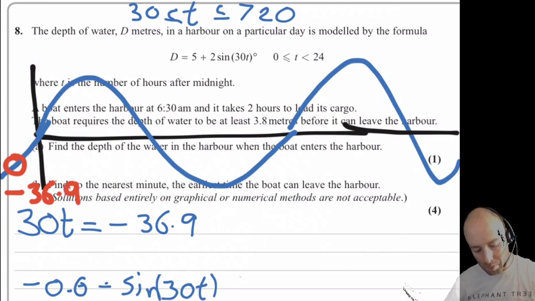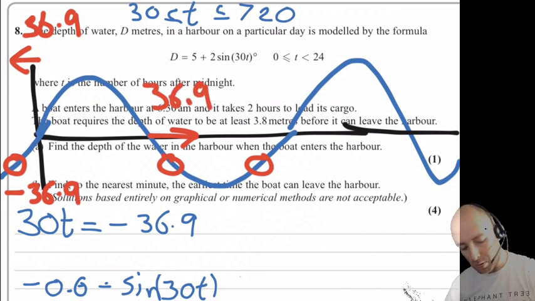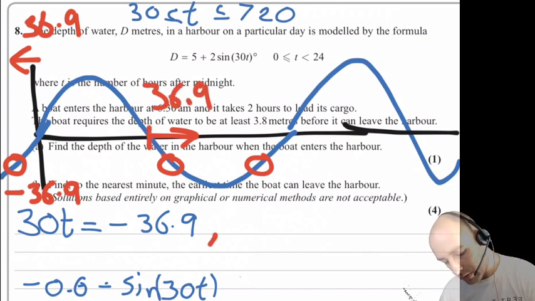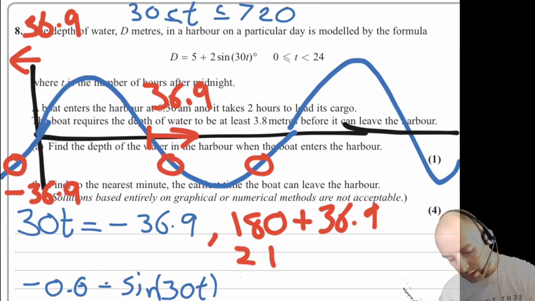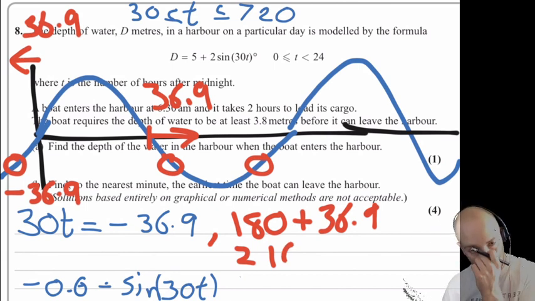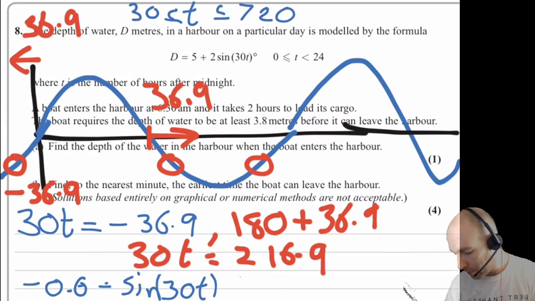So we can look here and here and find these two values. So this value, if 36.9 is measured from 0, this value is going to be 36.9 measured from 180. So if we do 180 plus 36.9, that gives us 216.9 as our value there. Okay, so that might be it, to be honest. So if we call that 30t, if I divide that by 30, we get t is 7.23.